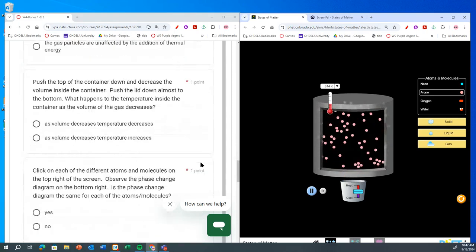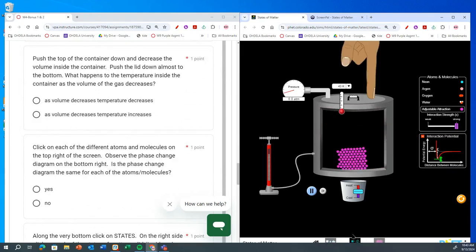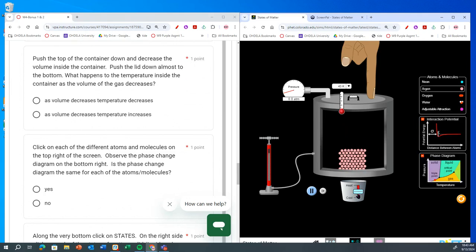All right, so we're going to have to use a different container here. All right, so this one has a pressure on the top. Okay, so we're going to go with argon, and we're going to heat it up a little bit. And then we're going to push down the lid.